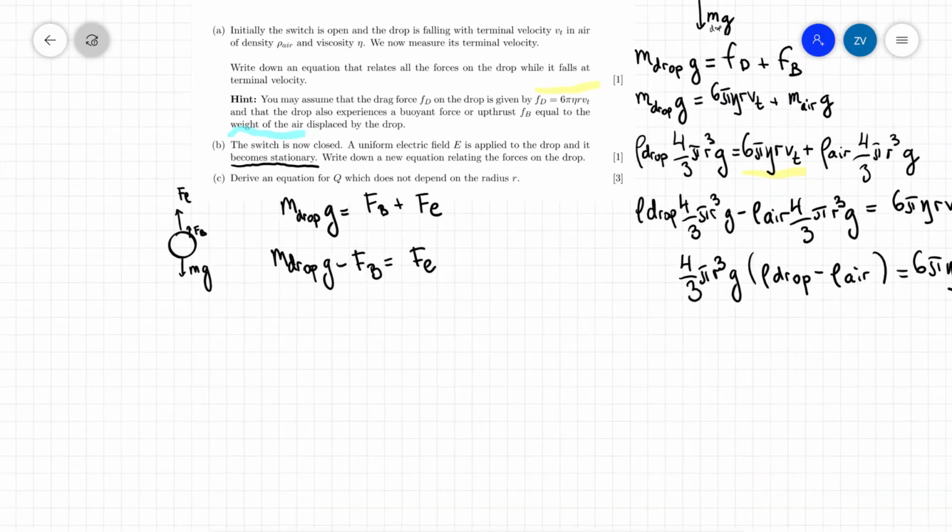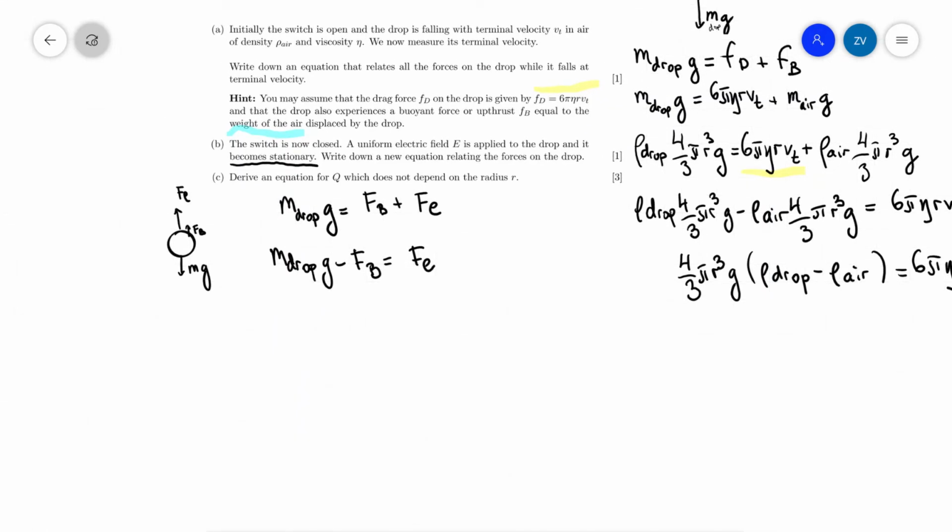Now this difference here we've just derived, so I'm literally just going to copy this down, and what I'm going to get is that 4/3 pi r cubed times g times the density of the drop minus the density of the air will equal the electrical force.